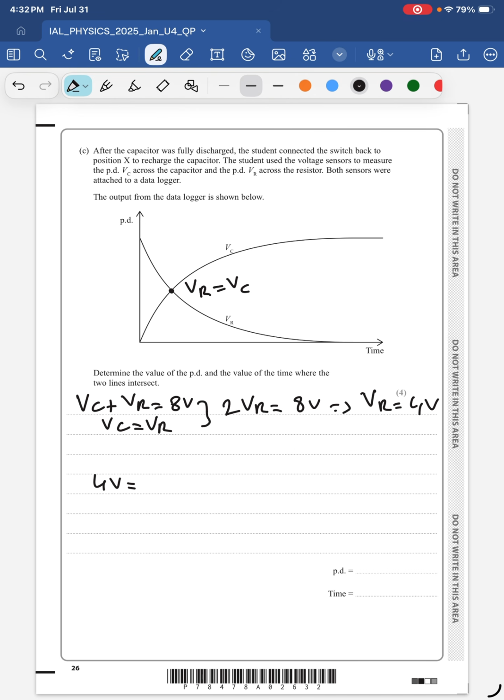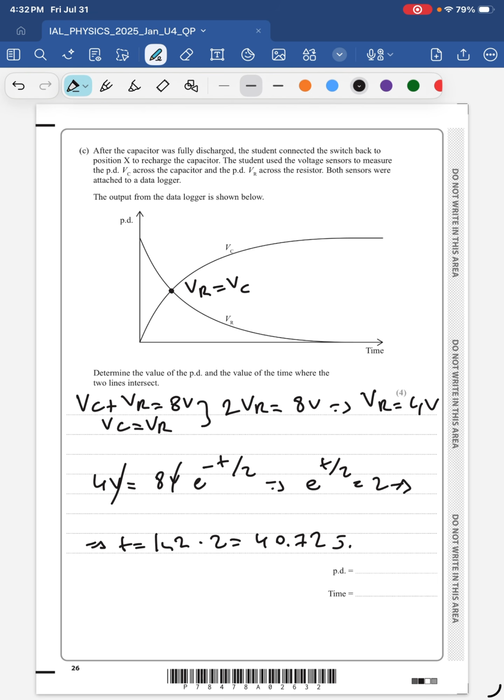So 4 volts is equal to 8 volts, the initial, e to the minus t over tau, so volts cancel. So e to the t over tau is 2, so t is ln of 2 times tau, which is 40.72 seconds. Using just that trick, the voltages have to add up to 8 volts, so if they are equal, they get 4 volts each.